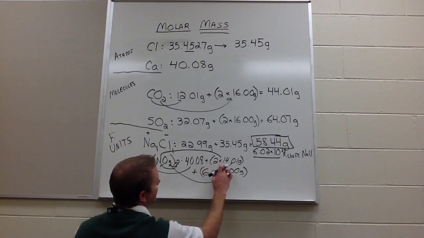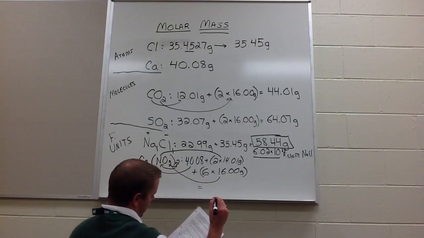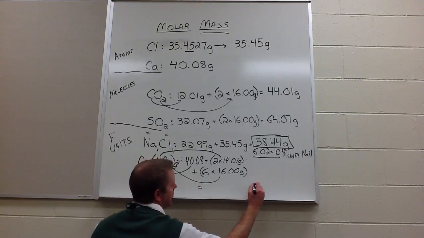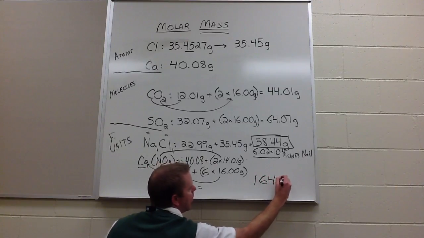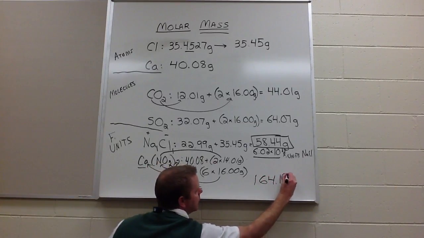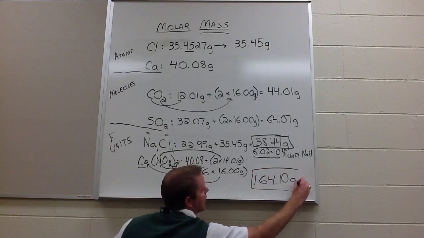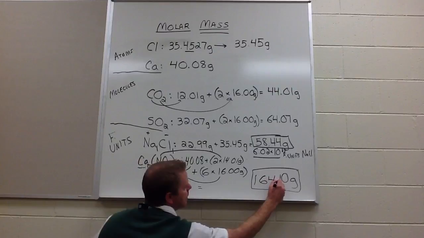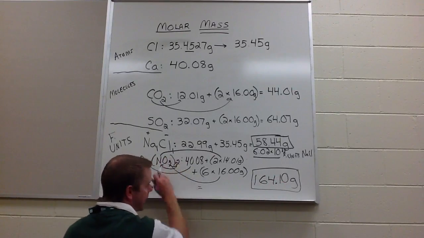We take these things and we add them together. And when we add them together, I hope you can see this at the bottom, and we round to the hundredths place, it's 164.10 grams. And that is the molar mass that would be in 6.02 times 10 to the 23rd Ca(NO3)2s.